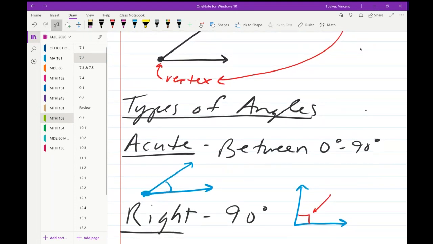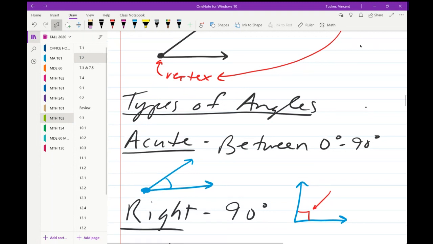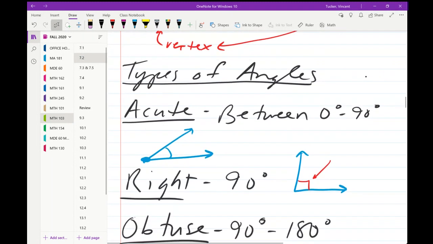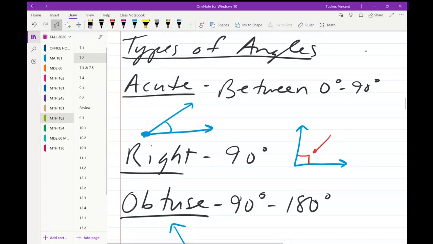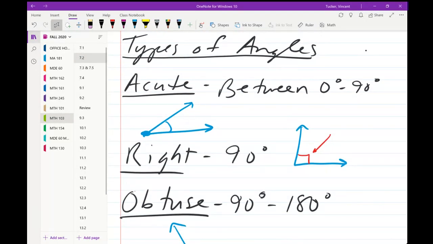We already talked about right angle. That's when it is 90 degrees. And once again, don't forget you need to see that square to know that you have a 90-degree angle. Obtuse is between 90 and 180 degrees.